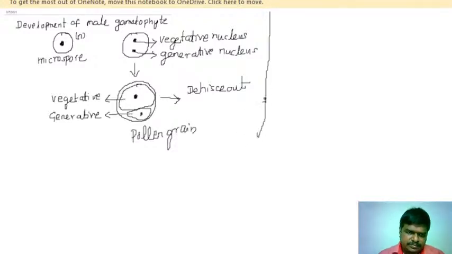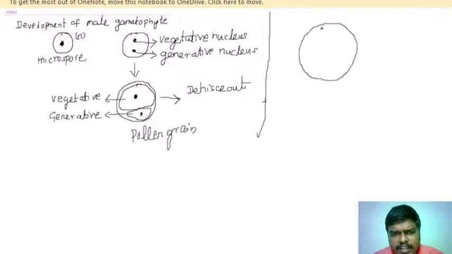Almost all the pollen grains that are liberated from the anther will have the vegetative cell, the generative cell, and the outer layers, and then there will be a small pore here. This is called the germination pore.